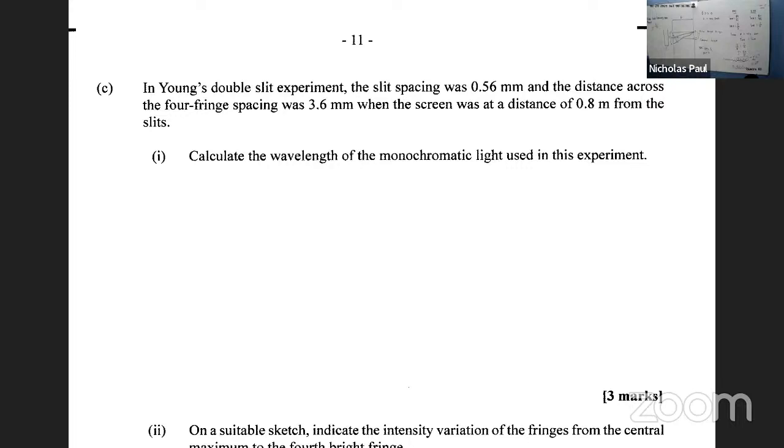Right, so you have Young's double slit. What value is this here? What letter is that? What's the formula we use to find lambda?